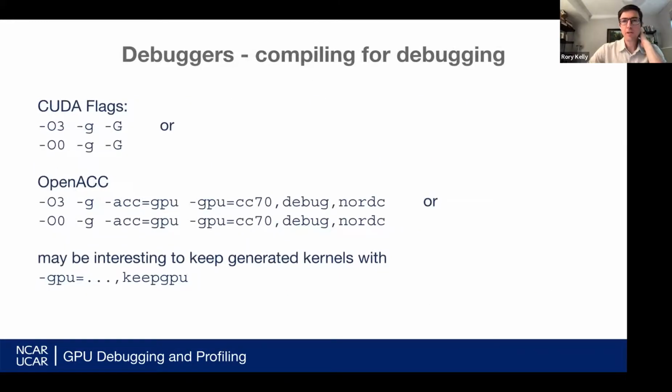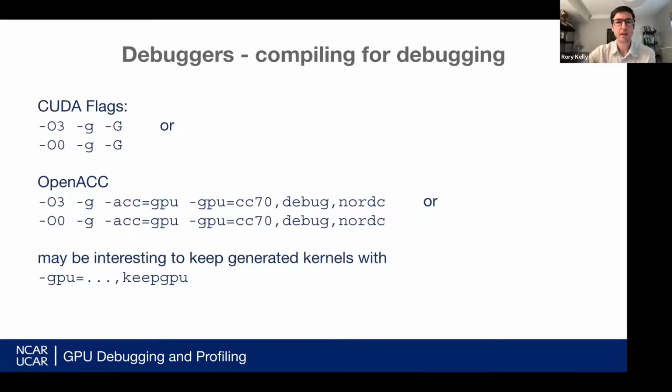Before you use a debugger, you need to make sure you're compiling with debug information on. For CUDA codes, that looks like the lowercase g that you're used to for getting symbol information on the CPU side, and the uppercase G does the same thing for the GPU. On the OpenACC side, the lowercase g is still necessary for the CPU debugging side.